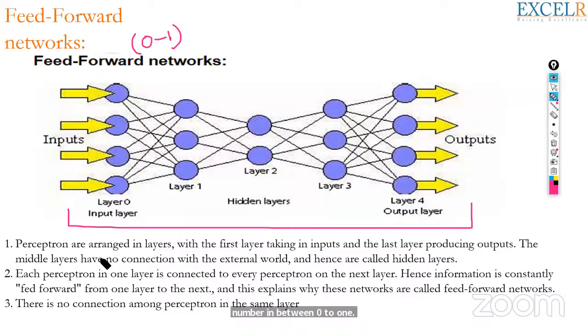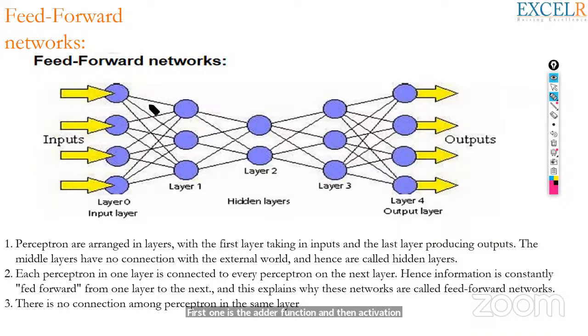So before executing this architecture or before executing this data, we assign some random weight to all of these connections. Now, based upon this weight value, each and every node will perform the processing, and the processing is the same: first the adder function and then the activation function.